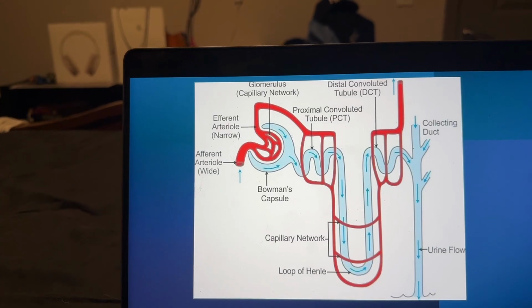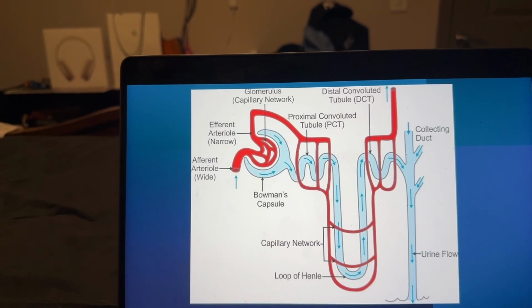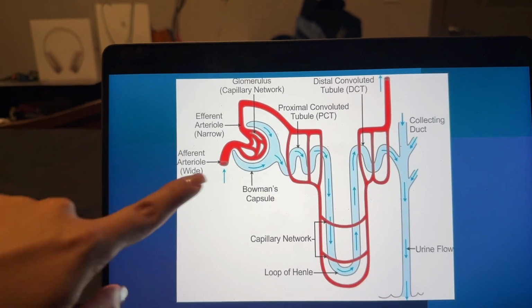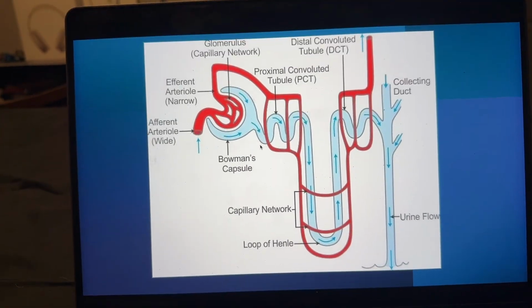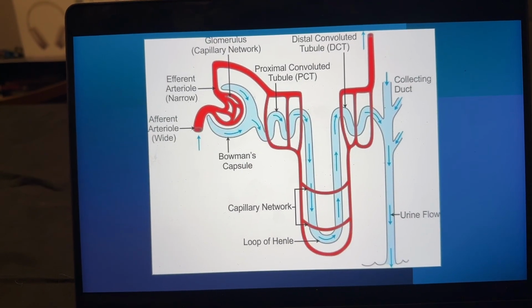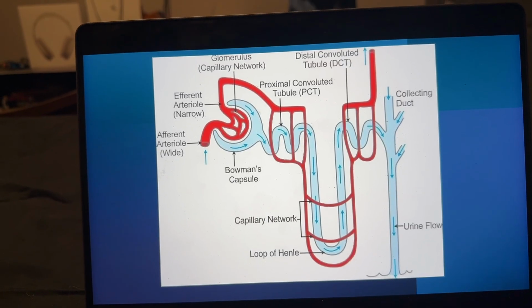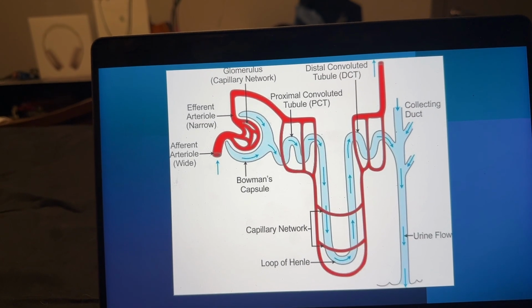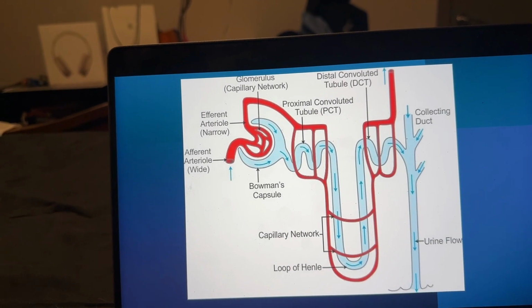And this is where filtration occurs. Water, ions, glucose, and small molecules are pushed out of blood and into the Bowman's capsule. So now in the Bowman's capsule, it collects this filtered fluid, now called filtrate, and directs it into the tubule system. The function is blood filtration.